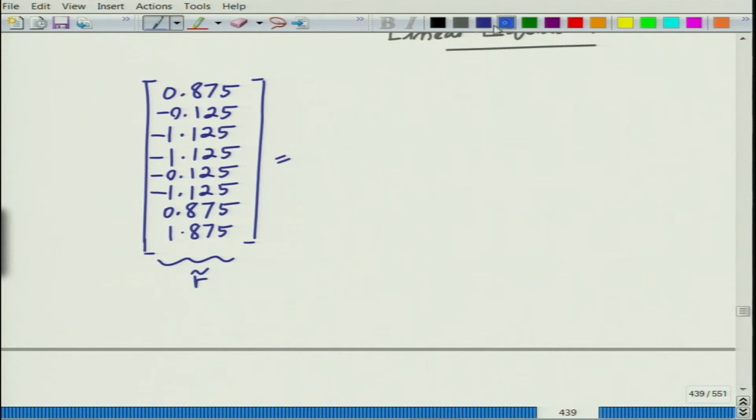We can write this as the matrix. So, remember, this is an 8 cross 1 vector, where 8 is the number of available ratings.